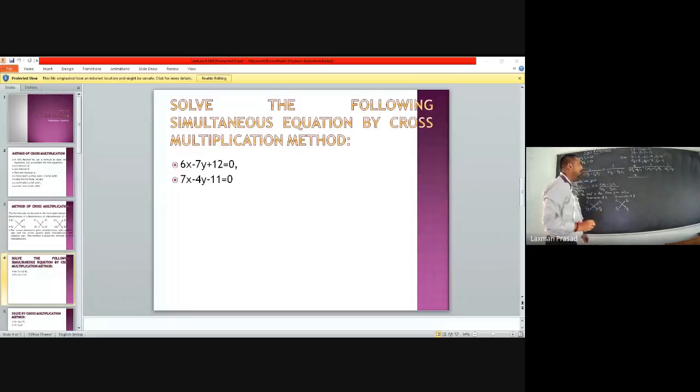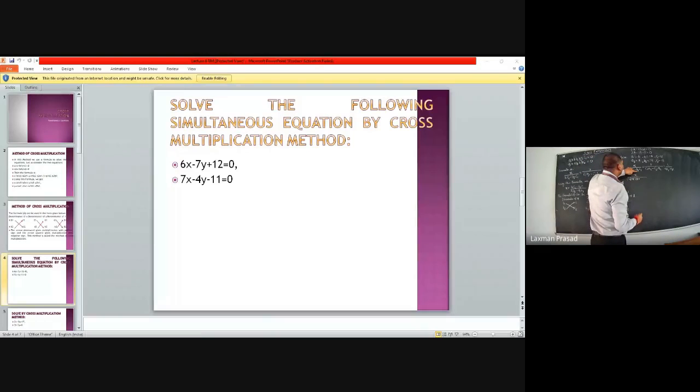And substitute the value. The value of b1 is minus 7. The value of c2 is minus 11. Okay, so put them in brackets so that you are not having any confusion.